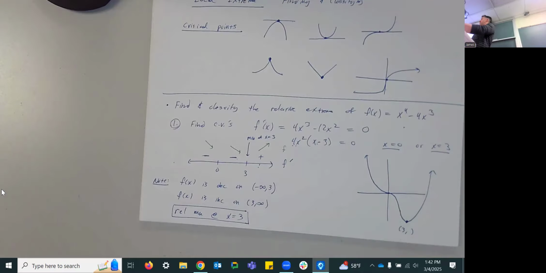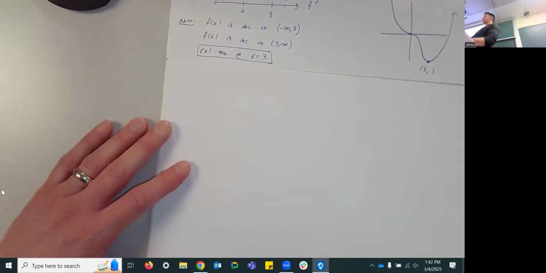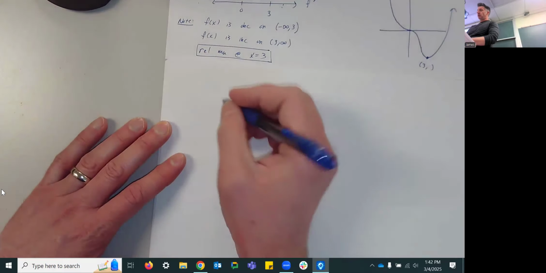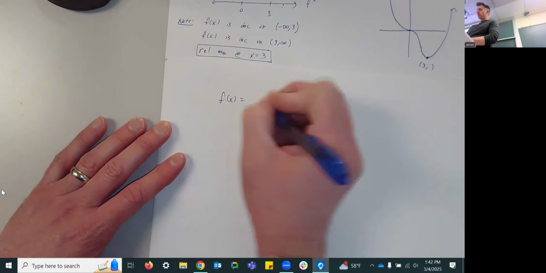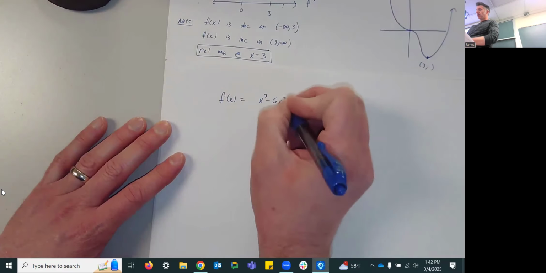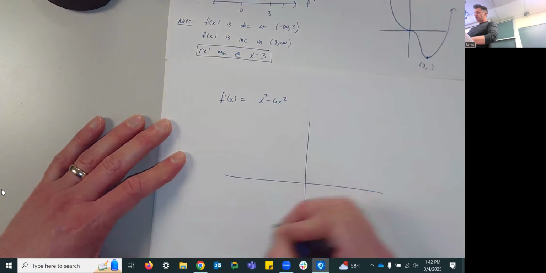So let me give you a contrasting example real quick. In fact, I'm just going to go back to the example we talked about in the beginning. If you look at this function, x cubed minus 6x squared, which looks like this.